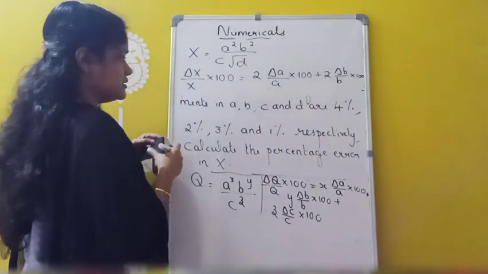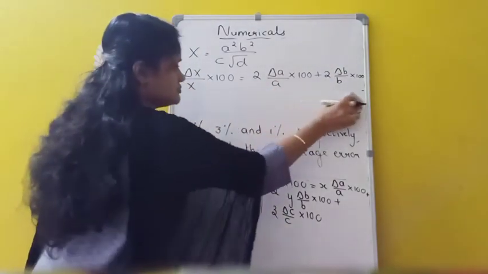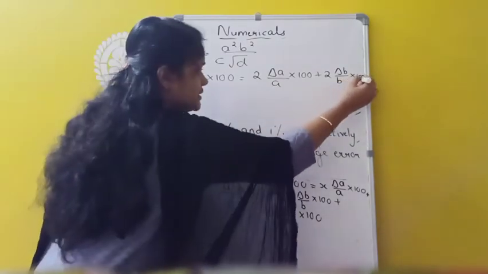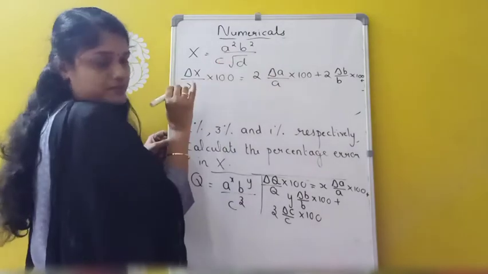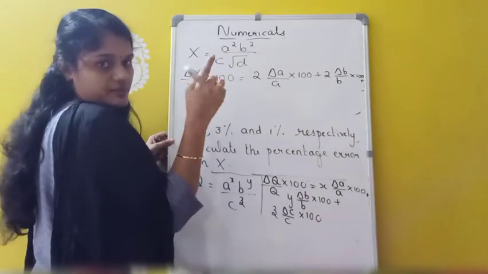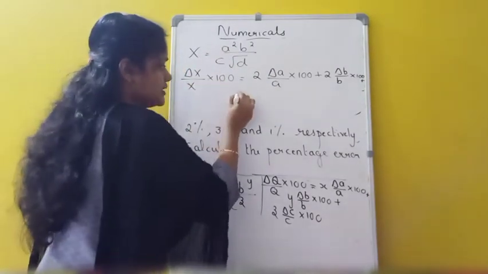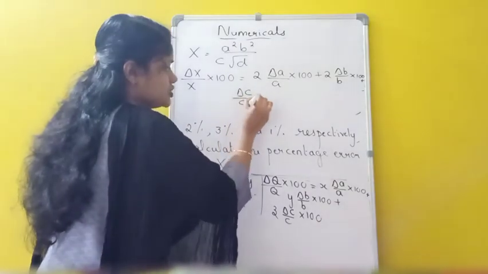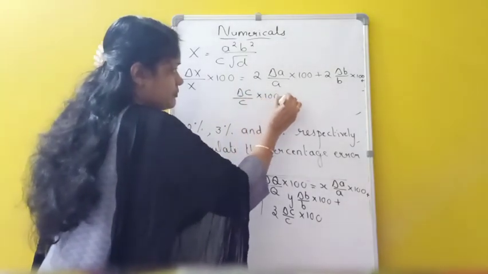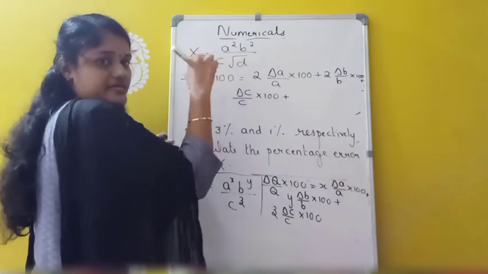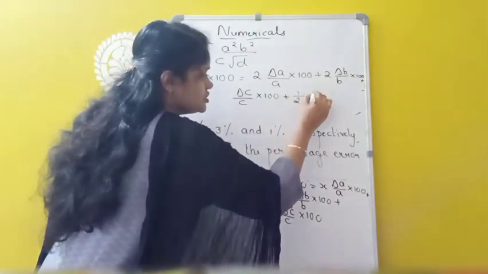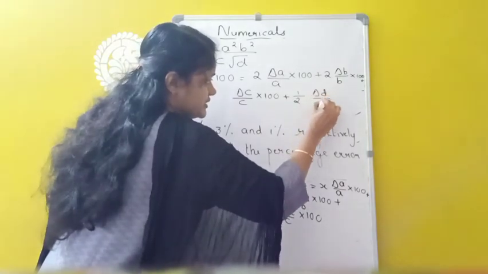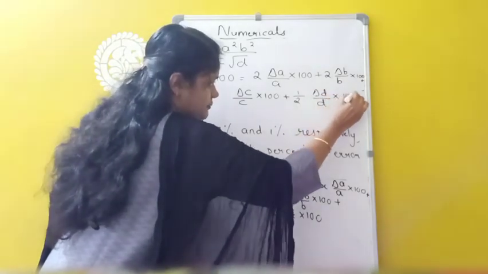Then again third term, plus. What is the next quantity? That is divided by, then also we are putting plus only. Power is 1, that means 1 into delta C by C into 100, plus, here root D means D raised to 1 by 2. So what is the power here? 1 by 2 into percentage error in D, delta D by D into 100.